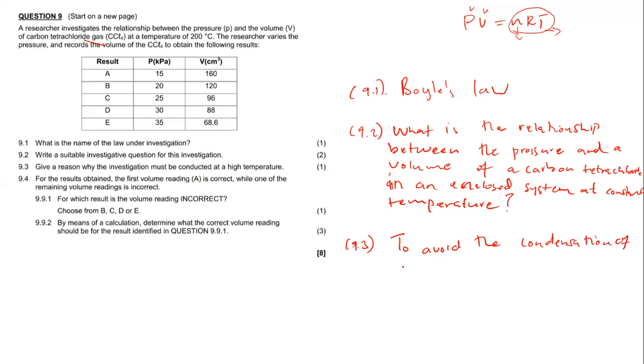We want to avoid this as much as we can. That's why we work with high temperatures, so that our molecules can remain in the gaseous state. We don't want condensation. Remember, condensation is when gaseous molecules combine together to form a liquid. We don't want that, hence we keep our temperatures very high. I hope that was clear.